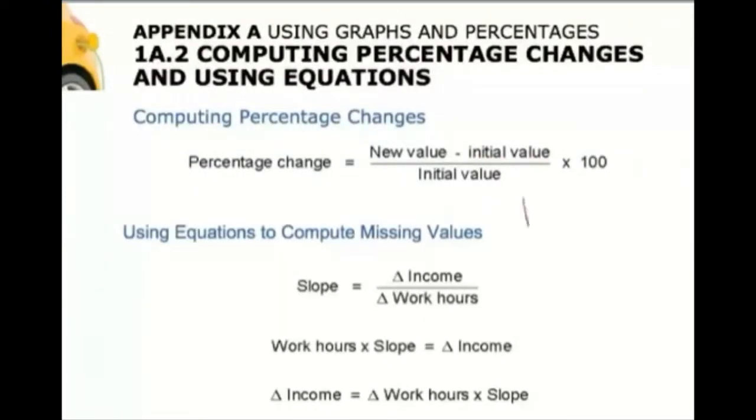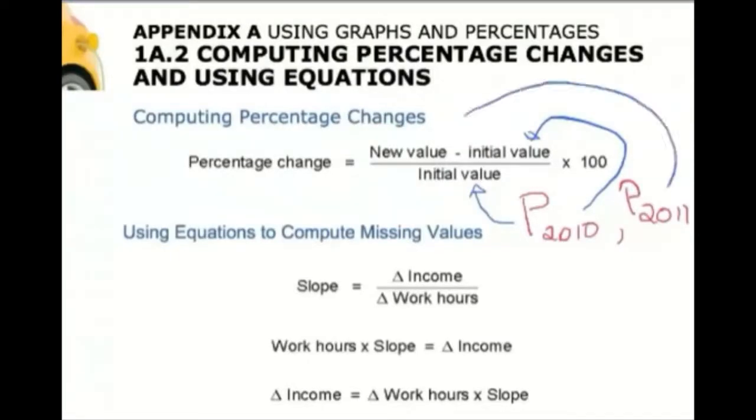So suppose we have the price in 2010 and the price in 2011. And we want to look at the percentage change of those prices. Well, the initial value of the price is 2010, so it's going to go into the formula here and here. And the new value of the variable is the price in 2011, and you plug that in here.